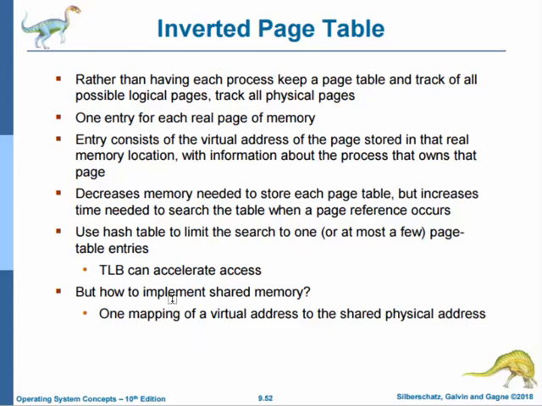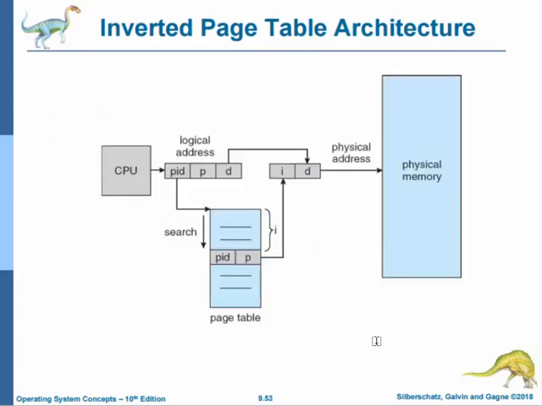But how do we implement shared memory? The solution is that there should be one mapping of a virtual address to the shared physical address. Again, this is an illustration of the inverted page table architecture. It is also a way to map the logical address coming from the CPU to the physical address in physical memory.